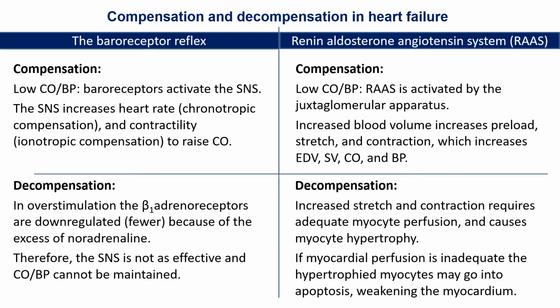So the death receptors get activated, or the intrinsic mechanisms get activated due to mitochondrial stress, and they go into apoptosis because they don't have enough perfusion. If they go into apoptosis, of course, we're going to end up with a weak myocardium. Our cardiomyocytes are dying off, and that's decompensation.